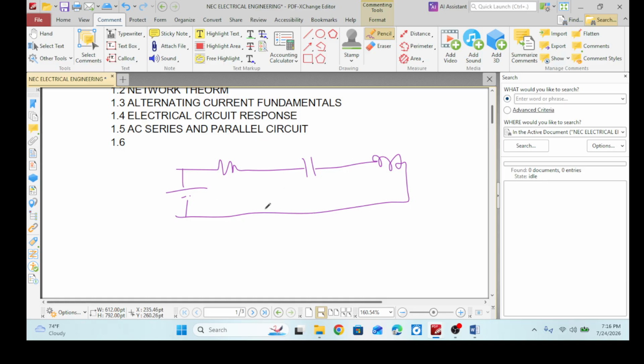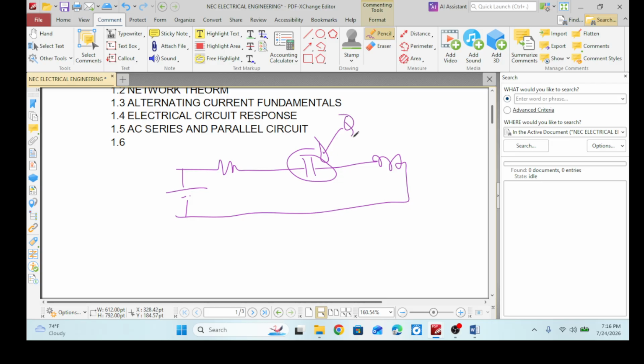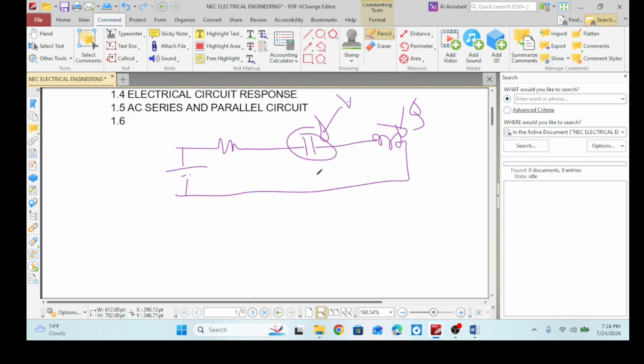A capacitor stores energy in the form of voltage, and an inductor stores energy in the form of current.